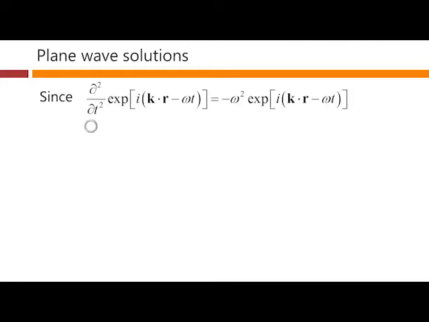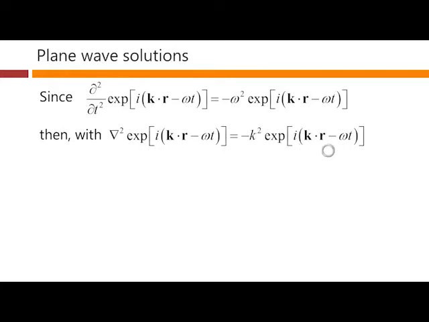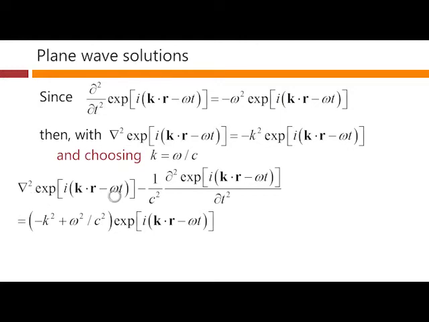Now, we already worked out the second time derivative of this. That was easy. That was minus omega squared times the same wave. So, with the result we just worked out, for the del squared of e to the i (k dot r minus omega t) being minus k squared times e to the i (k dot r minus omega t), and choosing k equals omega over c, then if we take this, which we figured out is all of that here, minus 1 over c squared times this, then adding that all up gives us minus k squared plus k squared times e to the i (k dot r minus omega t), which of course is just 0.